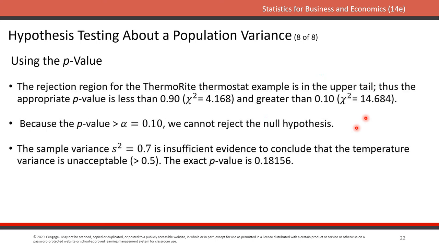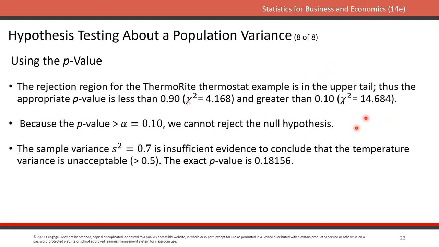This is saying that because the chi-square test statistic falls between these two critical values, the probability falls between these two probabilities, and because the probability falling between these two probabilities is bigger than our type 1 error that we're allowing, we fail to reject. P is bigger than alpha. And it's true. If P is between 0.9 and 0.10, then P is bigger than 0.10. So we fail to reject the null.